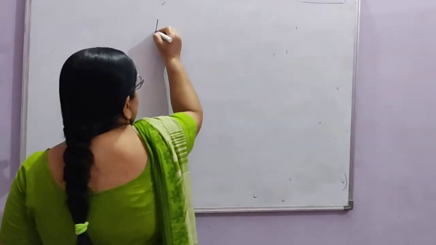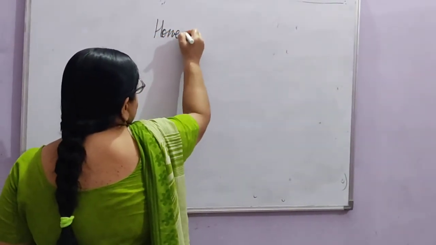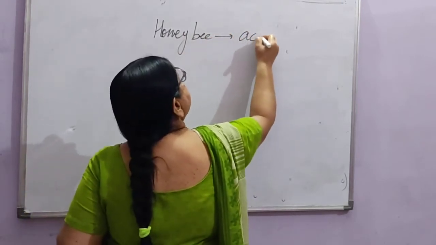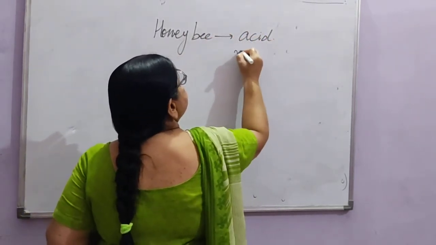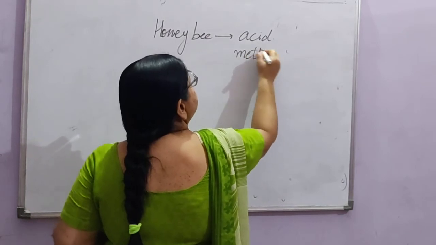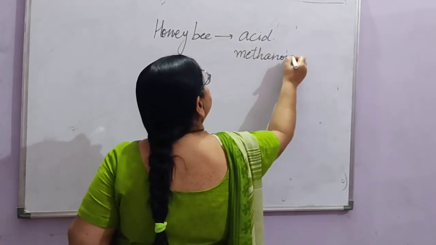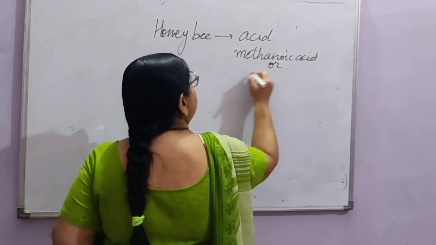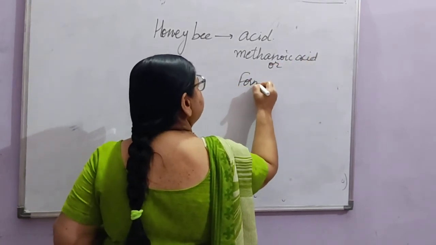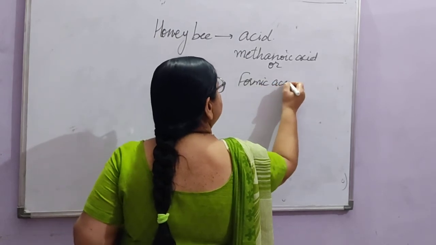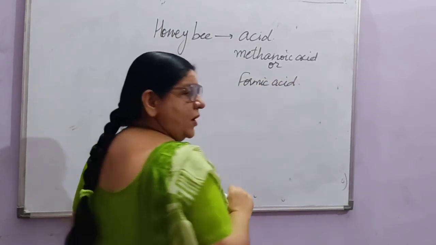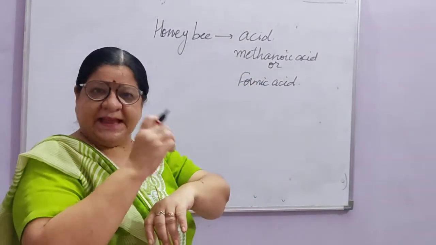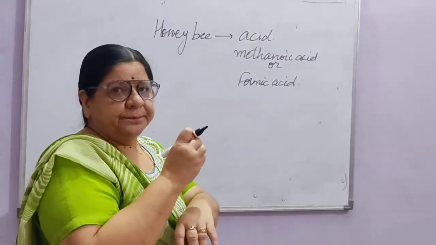When honeybees sting, they release an acid known as methanoic acid, or it is also called formic acid. Methanoic acid or formic acid. They have an acid in the sting.